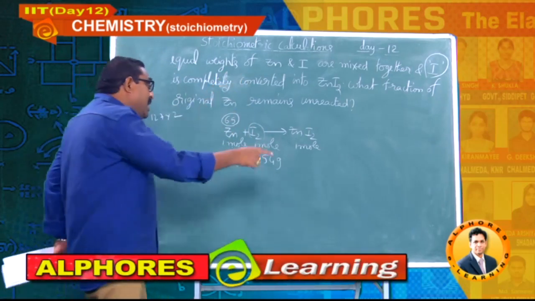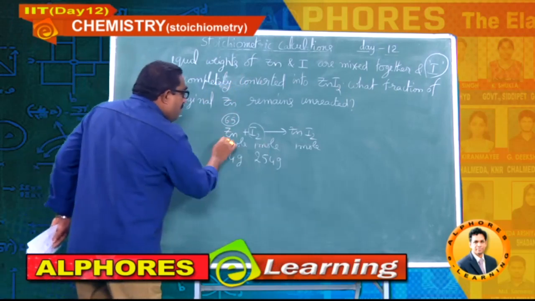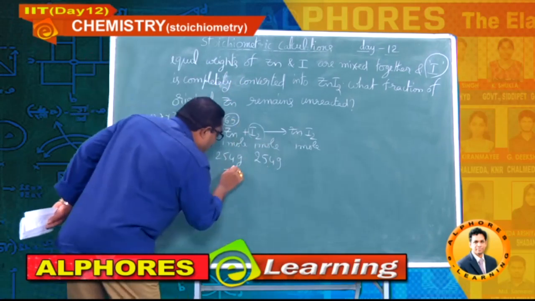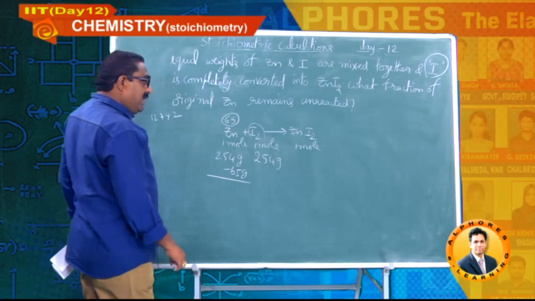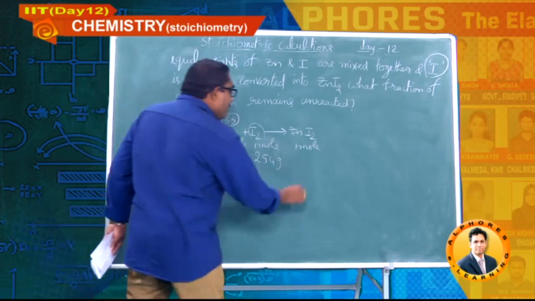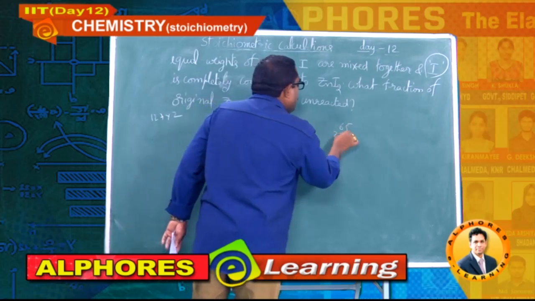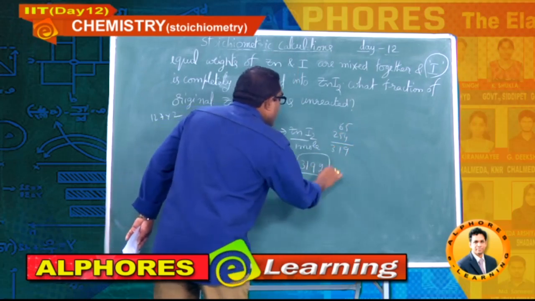It means iodine is completely consumed, the limiting reagent. So 254 grams should combine only with 65 grams, and forms 1 mole. Calculate 65 plus 254, 319 grams of zinc iodide will be formed.